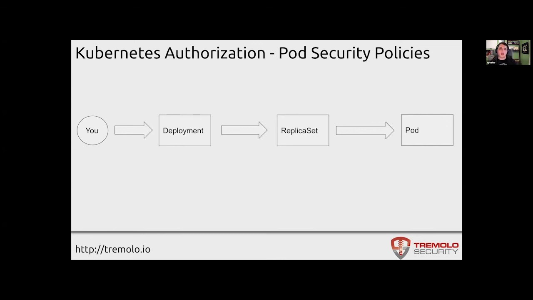We deploy higher level constructs, deployments, stateful sets, jobs, which are watched by controllers, which then set up and control your pod. The identity of the creator is not the person who created the deployment, it's the controller who created the pod. And that's where things can really get hairy with your authorization process.